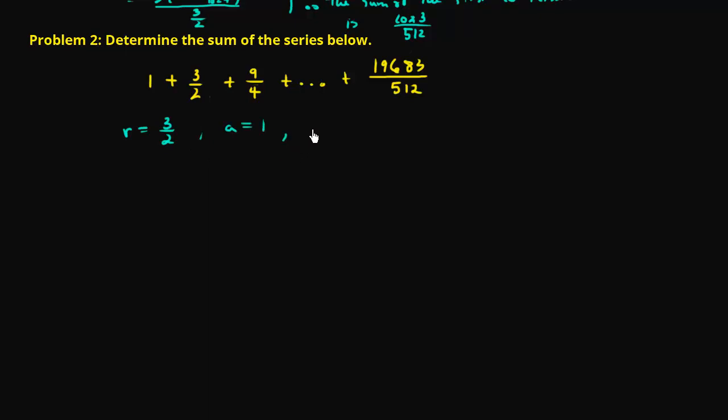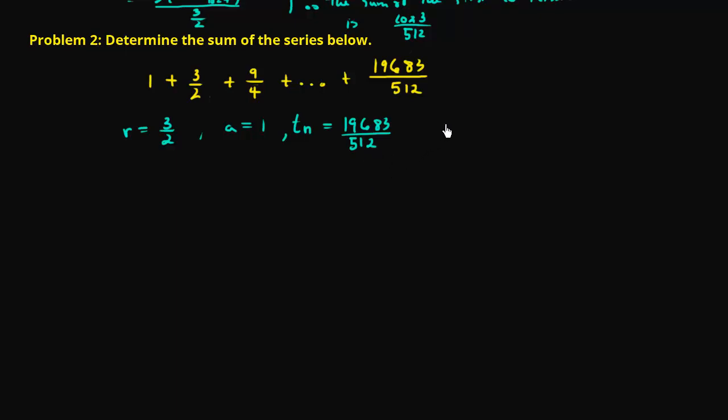And we know that the nth term is equal to 19,683 divided by 512. Okay. We don't know what n is.